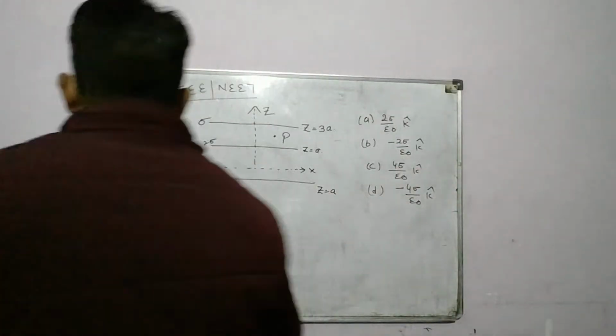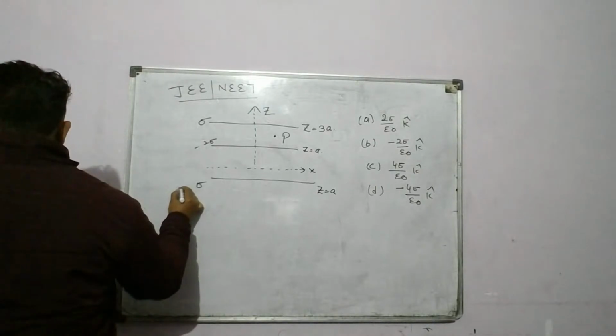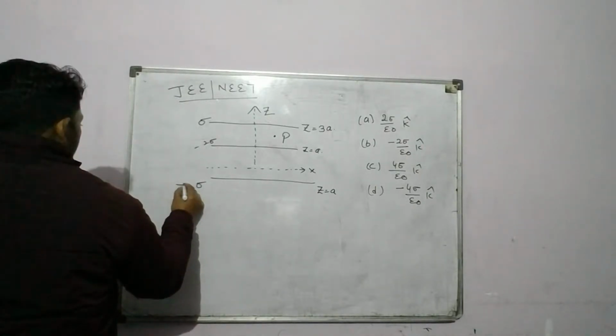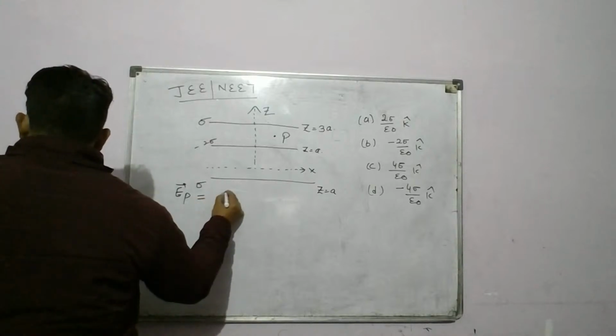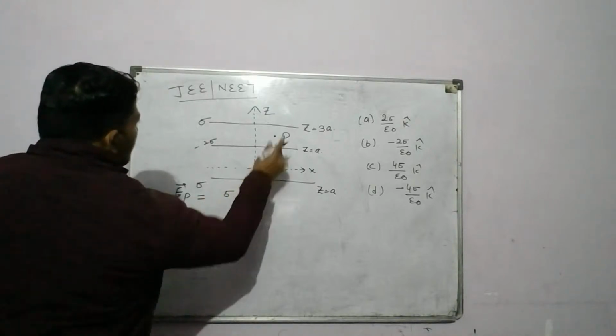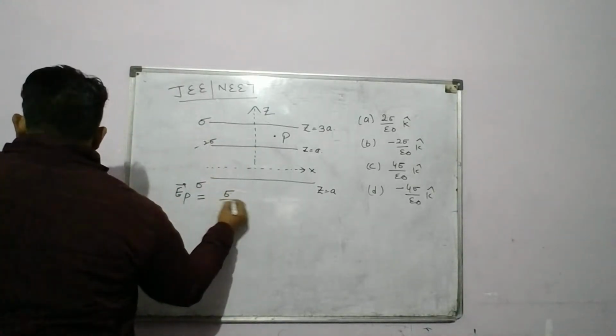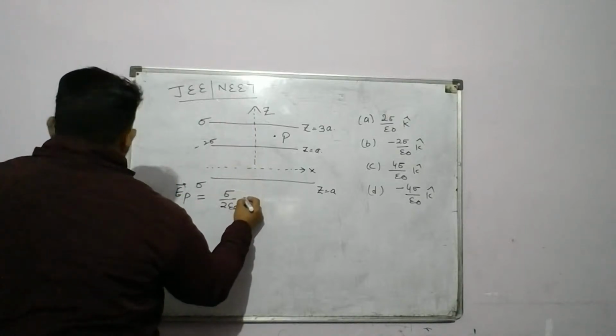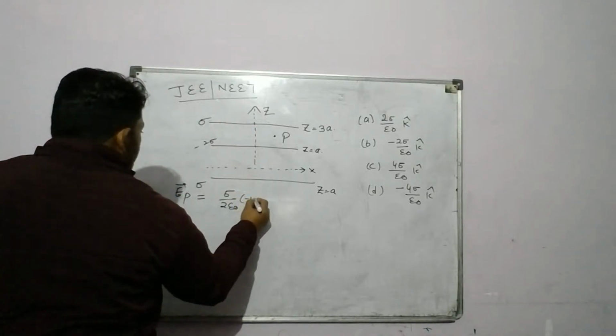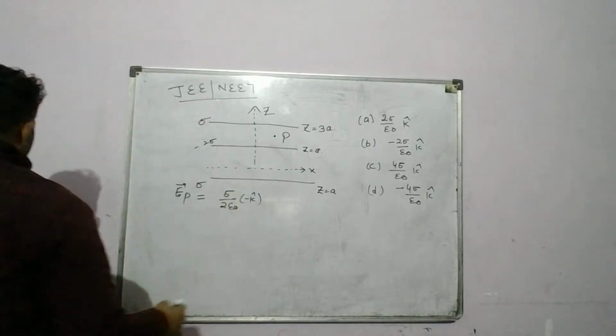So here, the electric field at point P is equal to, first, sigma upon 2 epsilon 0, and because it is in the opposite direction, we write minus k unit vector.